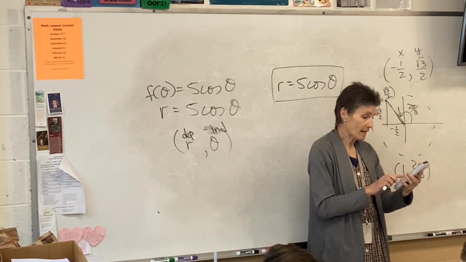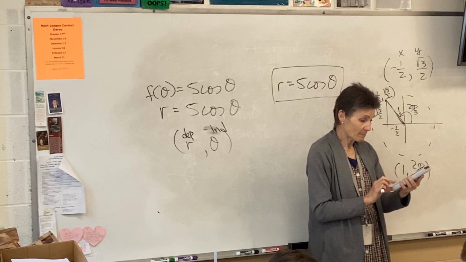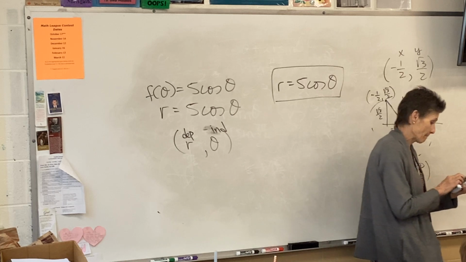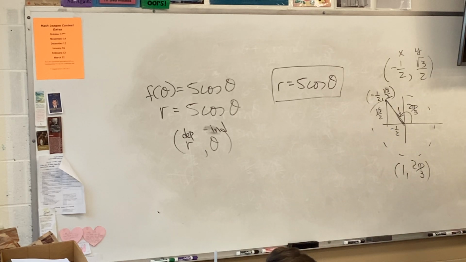So clear that one out and type -2 cosine theta. Now, first of all, it's a smaller circle, but does that make sense to you that it would be smaller?